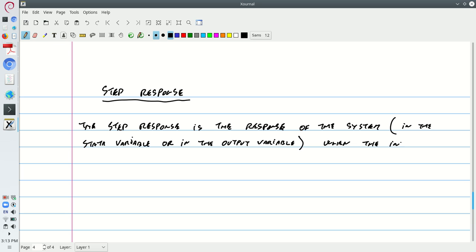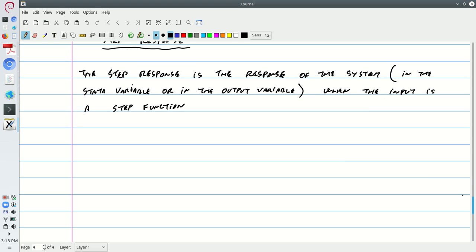the input is a step function, and I'm going to define a step function in just 1 second. The step function looks like this. You have your time here, you have your input u of t.